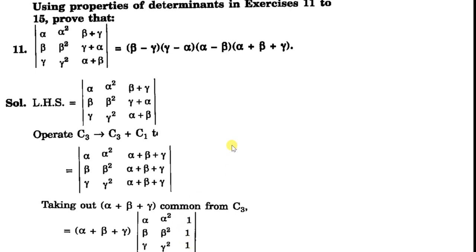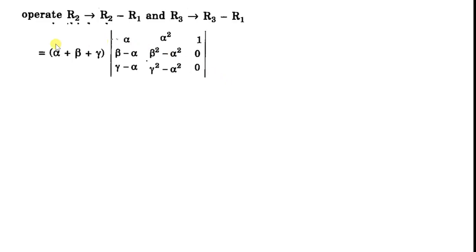Now we can make two ones equal to 0, and we will do R2 is changed to R2 minus R1 and R3 is changed to R3 minus R1. So when we do this operation, the second row changes to beta minus alpha, beta square minus alpha square and 0.